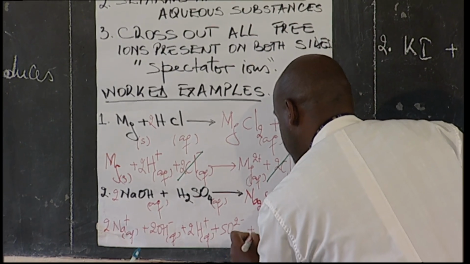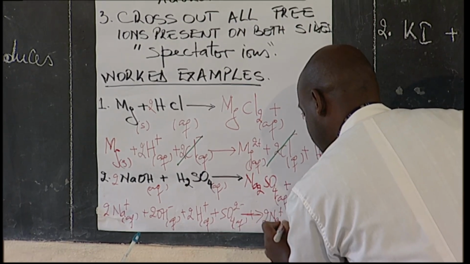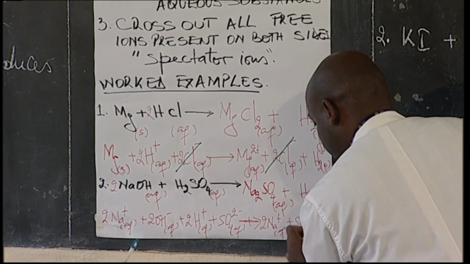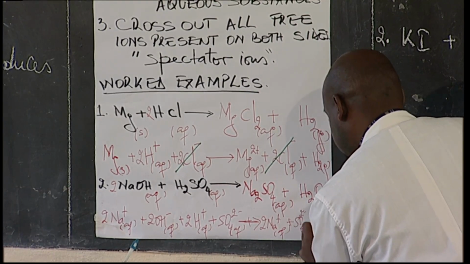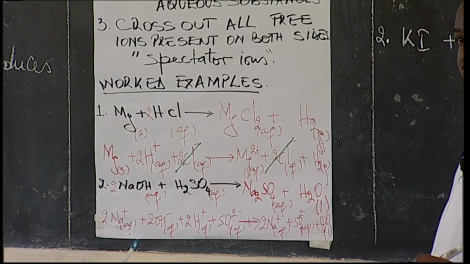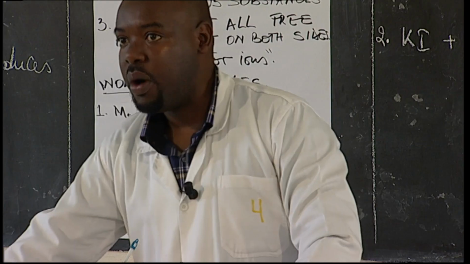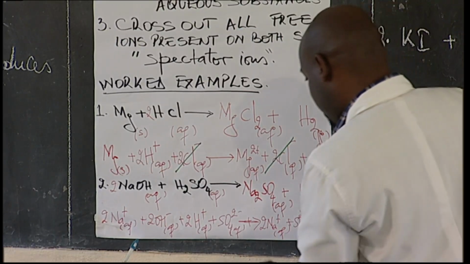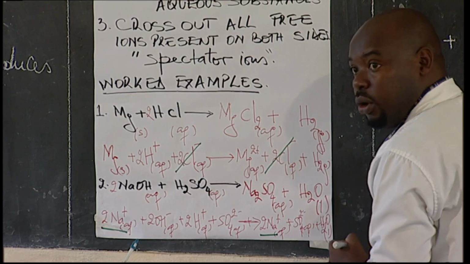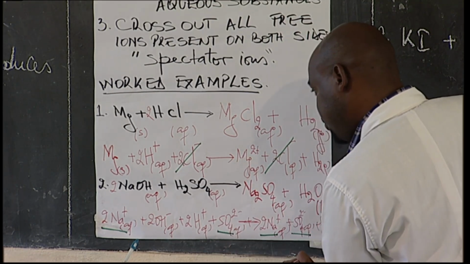And here we produce 2 sodium positive aqueous plus SO4 2 negative aqueous plus H2O liquid. And then the ions we have on both sides are sodium and sodium, and the sulfate ion and the sulfate ion.